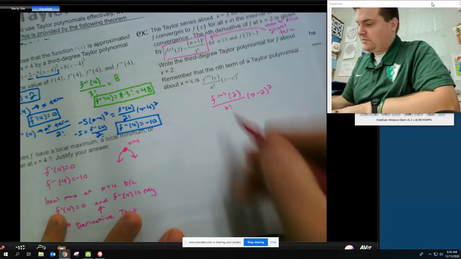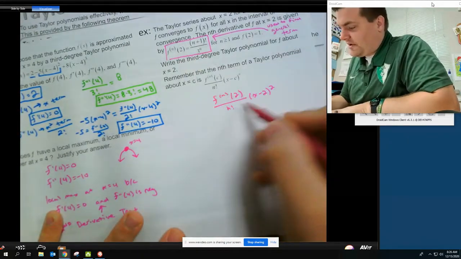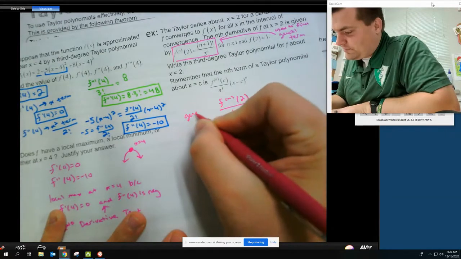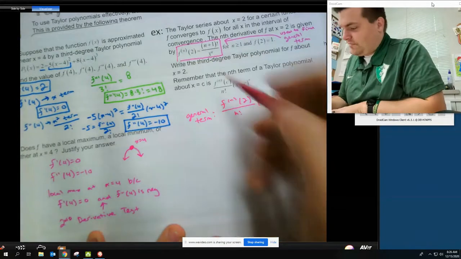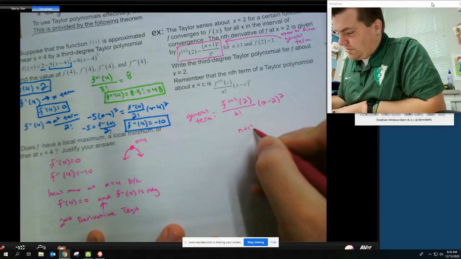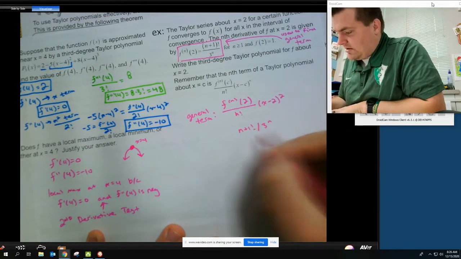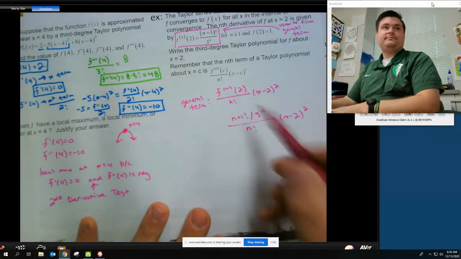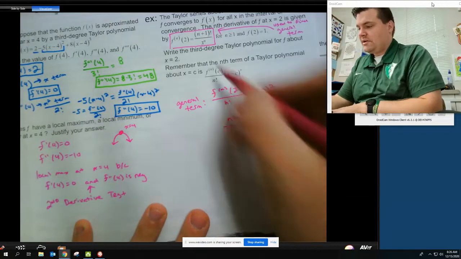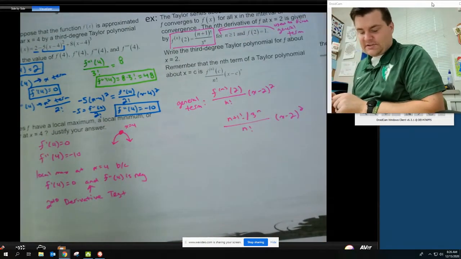What is that going to look like? I'm just going to literally plug this in right here. So this is my general term. This is going to be n plus 1 factorial all over 3 to the n, all over n factorial, times x minus 2 to the n. I can simplify this a little bit.